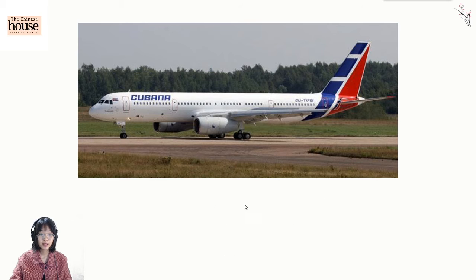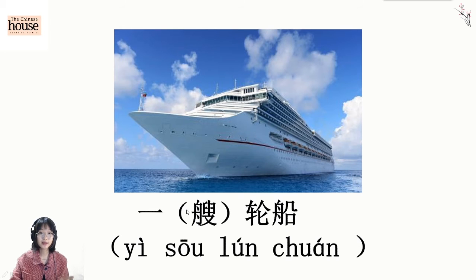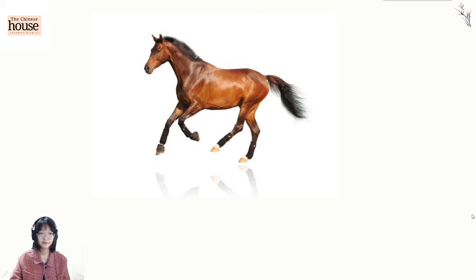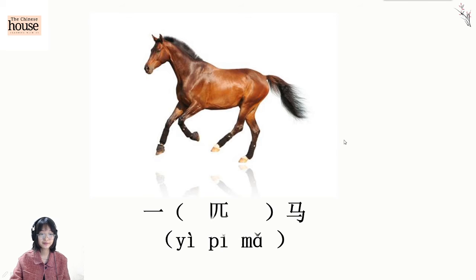And here, because 艘 is flat tone, the yī becomes fourth tone. 一艘. And here is 一架 plane, 飞机. 一架飞机.